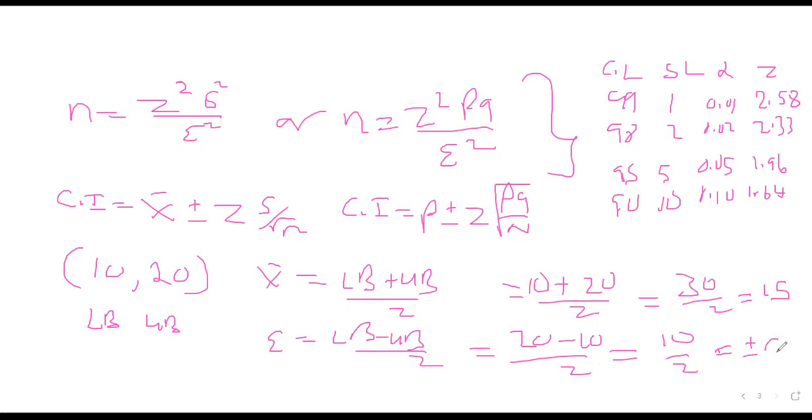So sometimes you'll be asked, say you have a confidence interval of between 15 and 45, and you're being asked to calculate, let me say you're given a sample size of 100.